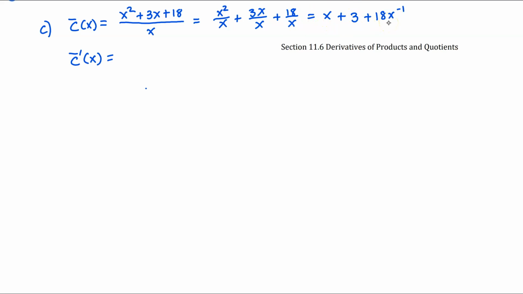The derivative of x is 1, the derivative of 3 is 0, so 1 plus the derivative of this, which is negative 1 times 18x to the negative 2. Simplifying, this is just equal to 1 minus 18 over x squared.